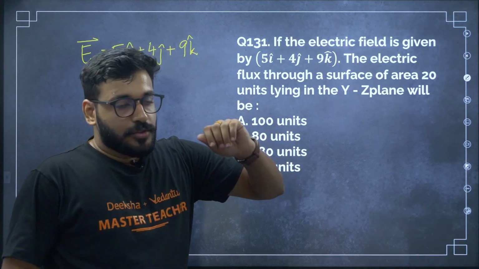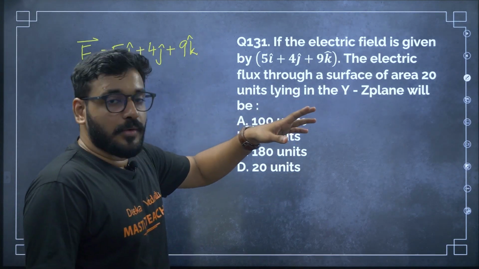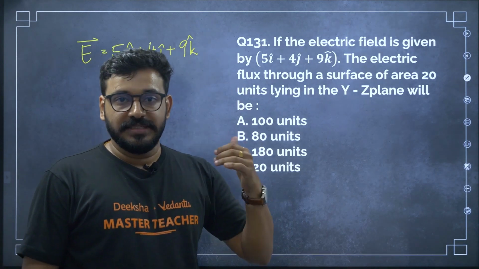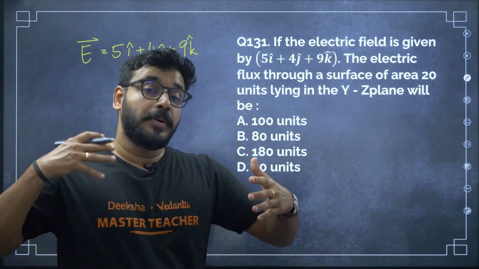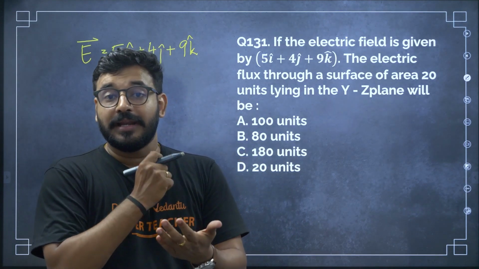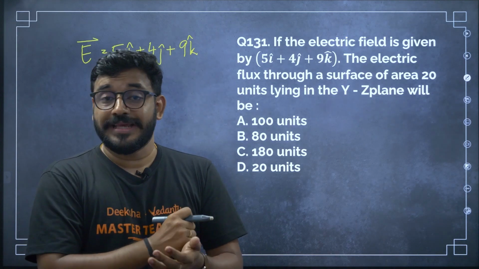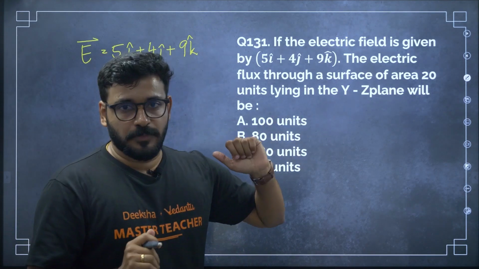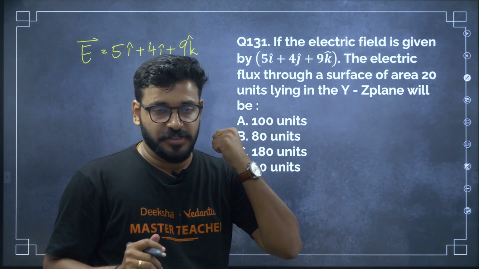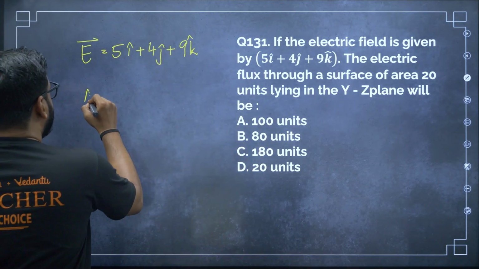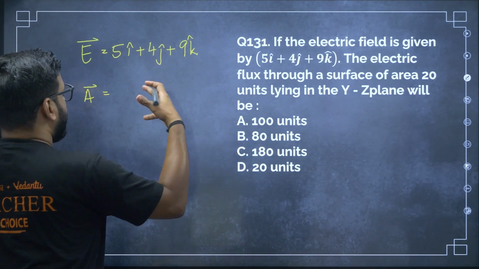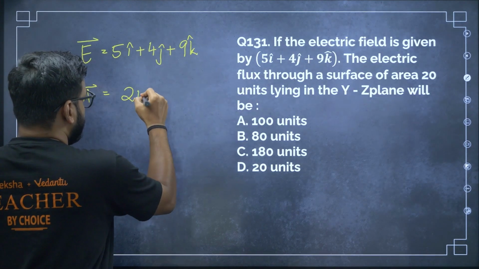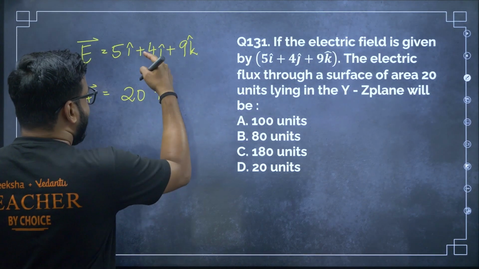For maximum flux, we need the electric field passing through the area perpendicularly. So what is the direction perpendicular to the YZ plane? Obviously it is the X direction. So the area vector can be taken with magnitude 20, along the X axis.